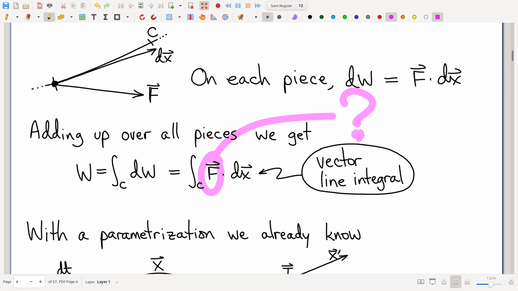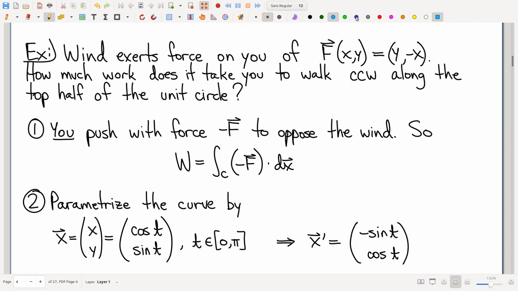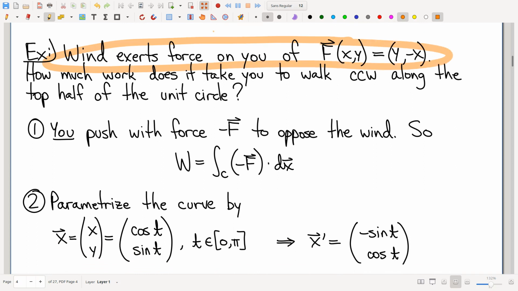The big idea here is you have to keep in mind what the question has asked. If you want to know how much work you perform by walking along a piece of curve, then you need to know the force that you are pushing with as you walk along that piece of curve. Looking back at the problem, it says right here that the wind is exerting that force.